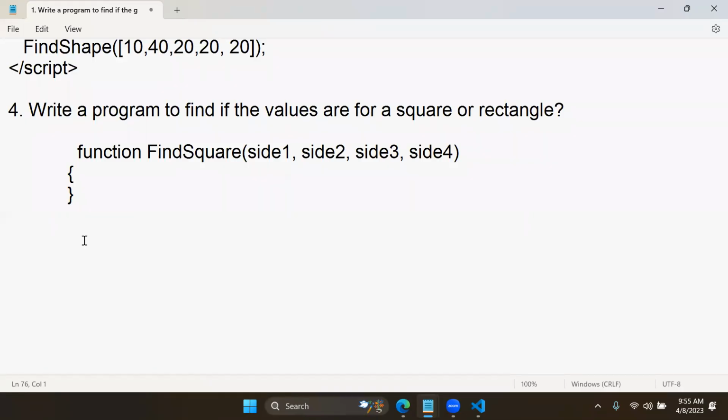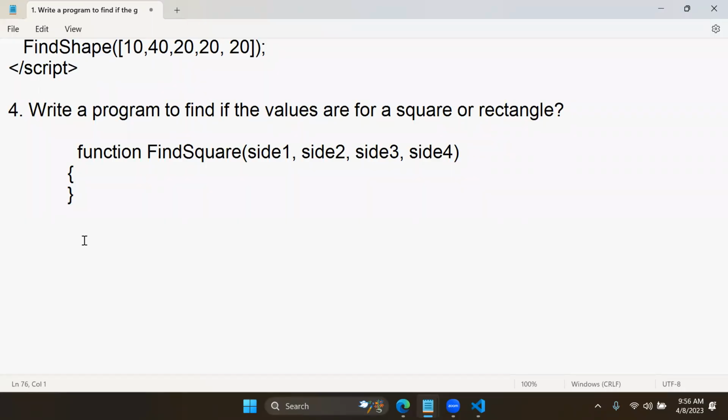What is this again? That means first you have to check side 1 is equal to side 2 and side 2 equal to side 3. This is assignment. This is not comparison.